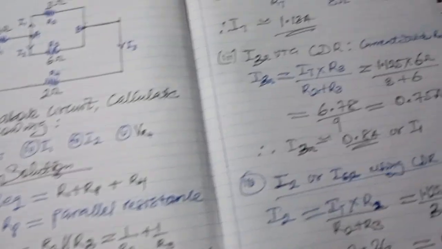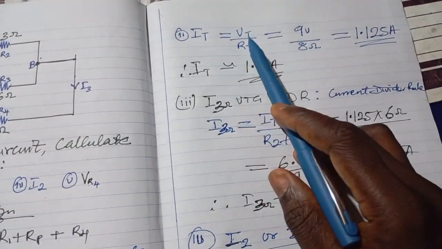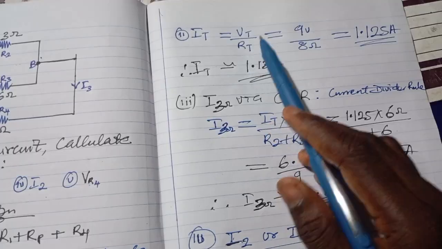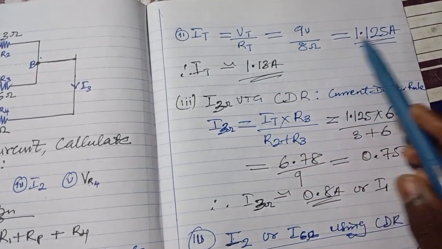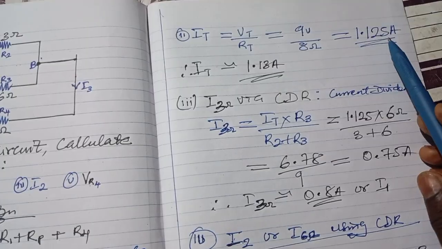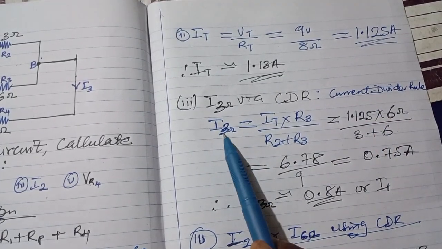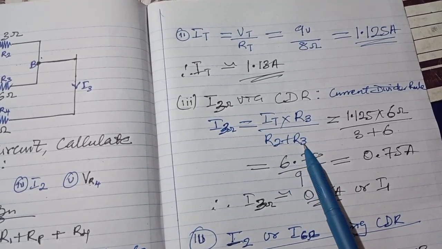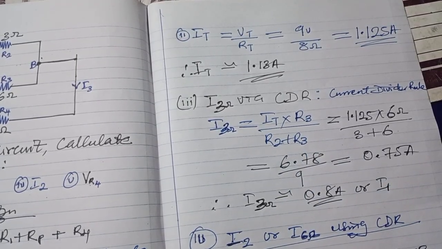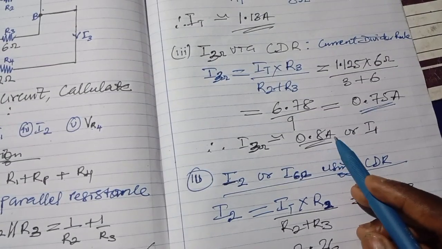Find your current I total, which is V total divided by R total. V total is the supply voltage, which is 9 volts, divided by 8. We have 1.125 amperes. So I3 ohms via CDR is equal to I total multiplied by R2 divided by R2 plus R3, then you have 0.75 amperes, approximately 0.8 amperes.